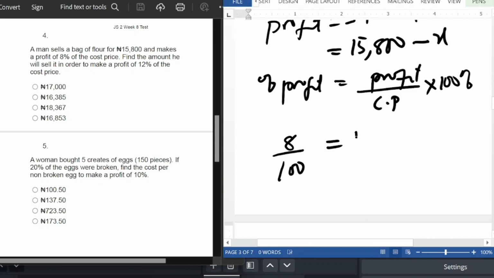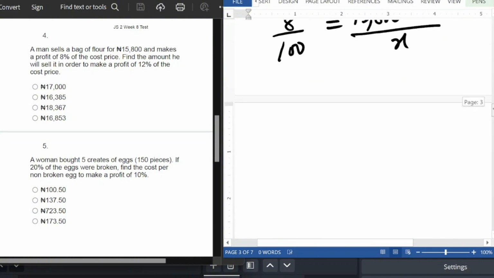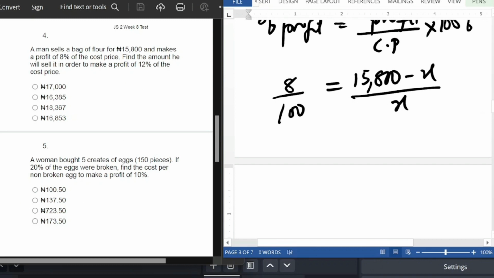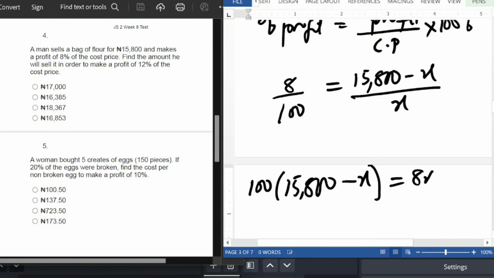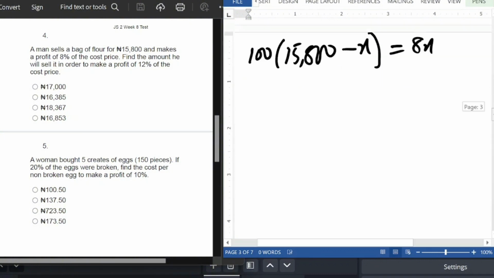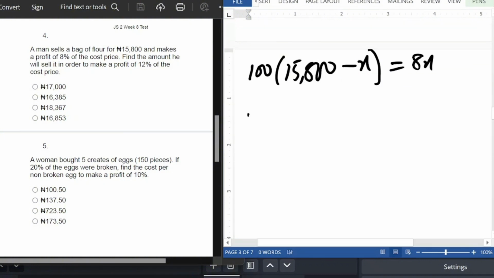Equals the profit, which is 15,800 minus x, divided by x. From here, we just cross multiply. We're going to have 100 into bracket 15,800 minus x, close the bracket, equals 8x.